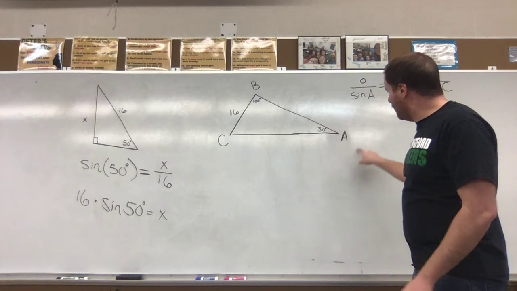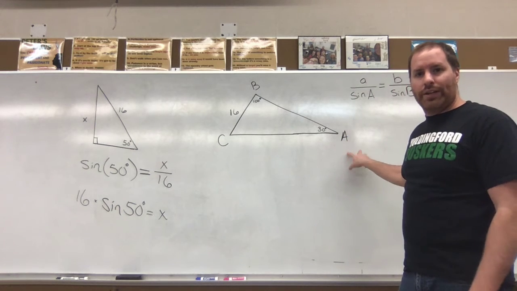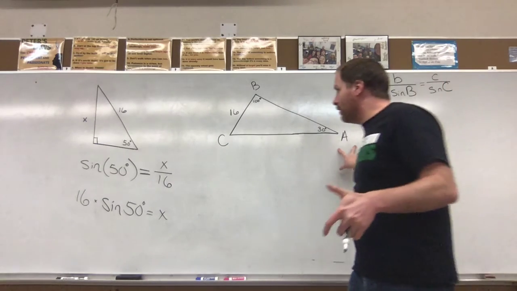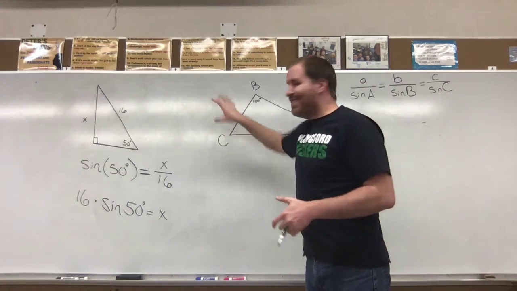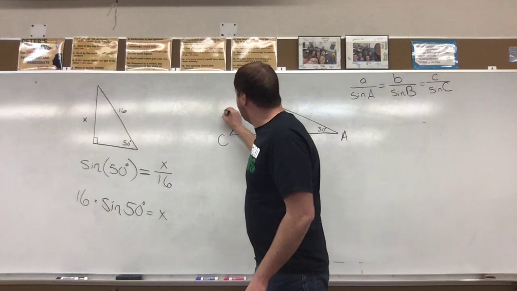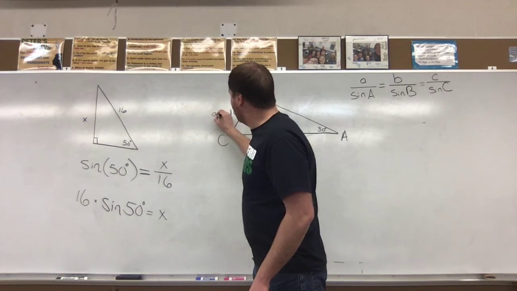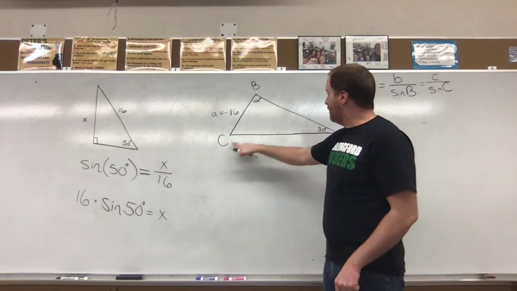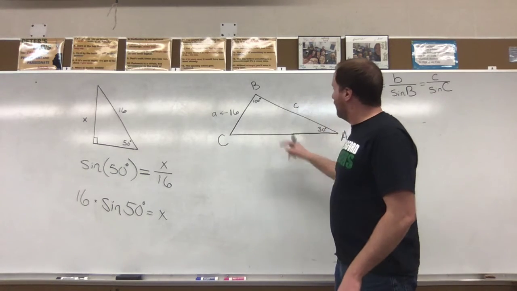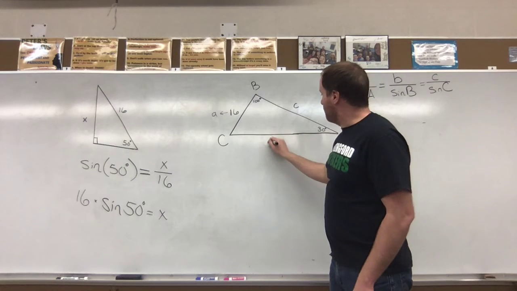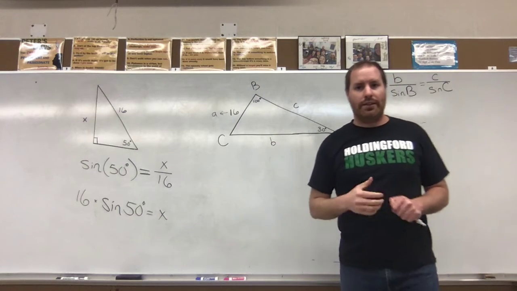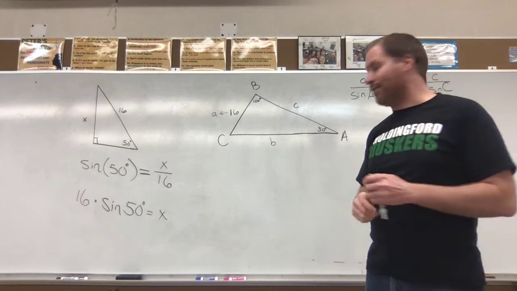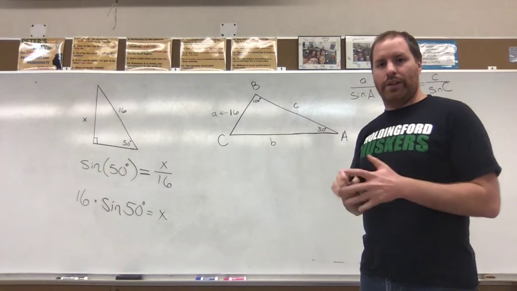So here, if I want to find where lowercase a is, it's going to be across from capital A. So I go here and go across the triangle. 16, that is side lowercase a. Lowercase c is across from capital C. Lowercase b is across from capital B. And that's the main notation used with triangles, just to keep track of things, so that we can have everything in order.